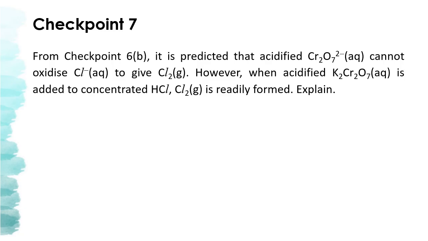Okay, why is that so? Let me highlight the important phrase there. Cl2 gas is readily formed. So that means the Cr2O7 2- is capable of oxidizing Cl- when you use it in concentrated HCl.